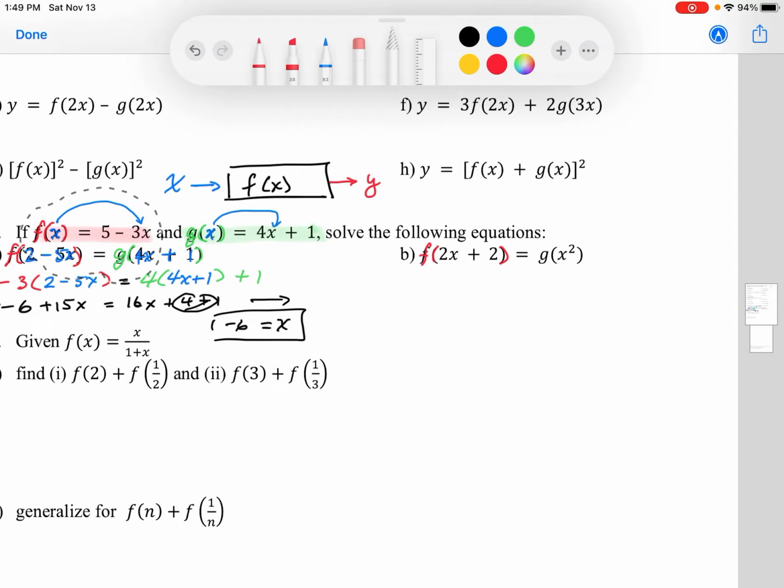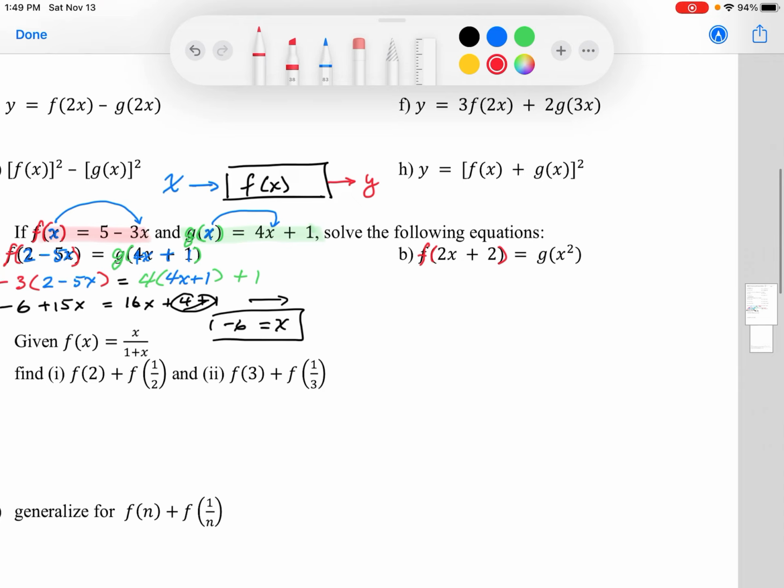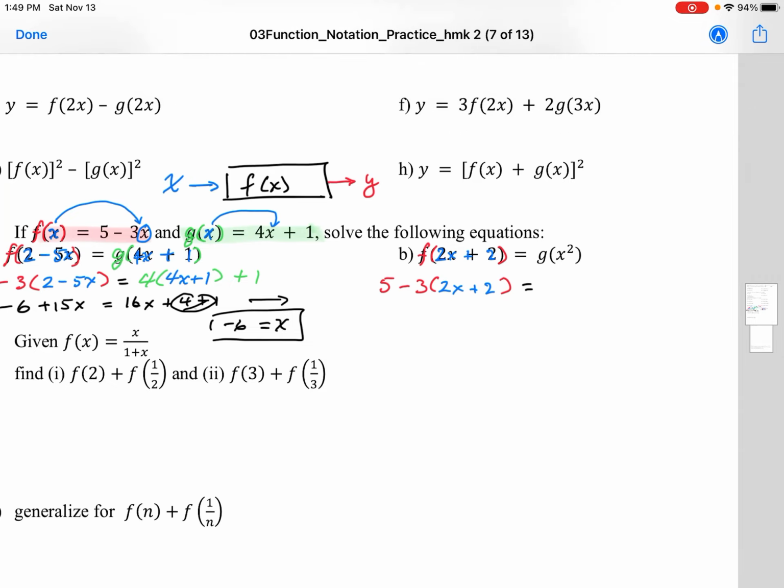And I'm going to take that f expression, and I'm going to start with that. 5 minus 3 times x. And I'm going to replace that x when I do the function notation. So I then look to the inside, it's 2x plus 2. So I replace the x with a 2x plus 2. So I've embedded that 2x plus 2 into the f in the red.